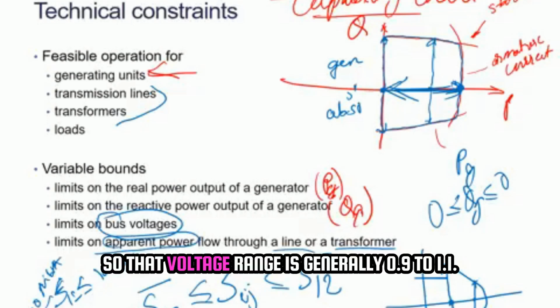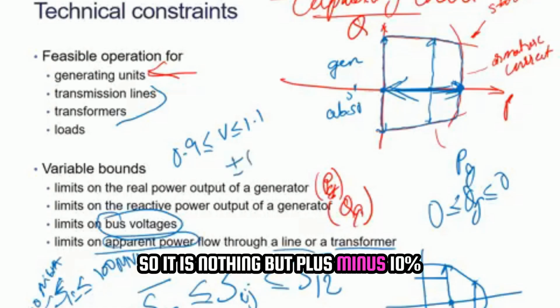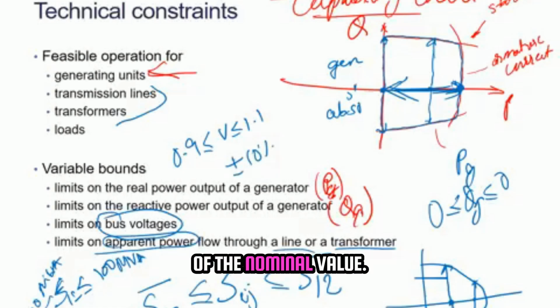That voltage range is generally 0.9 to 1.1 per unit. It is nothing but plus minus 10% of the nominal value.